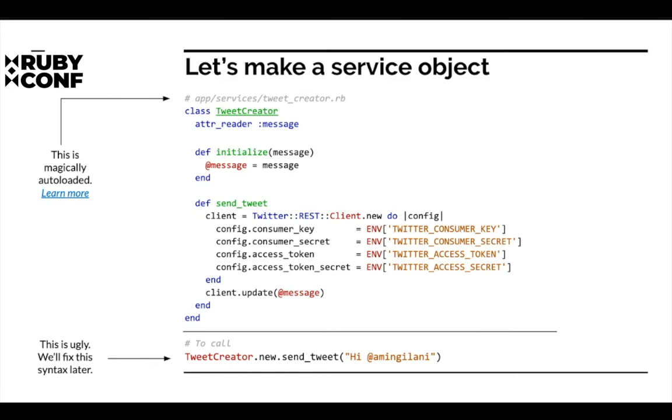And then if you simply create a plain Ruby object inside with an attr_reader for the message, an initializer that takes in the value of your message because it is a Ruby object, and then you could create that client immediately in a method called send_tweet, and then update the client, the same code that you used.